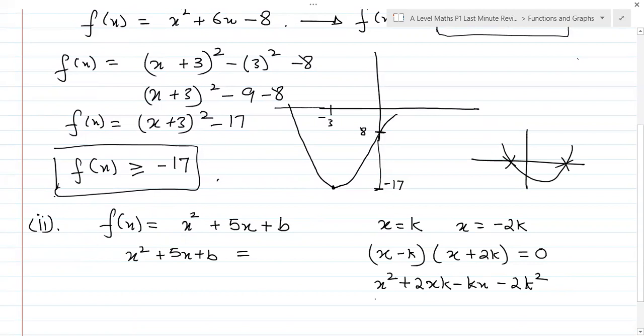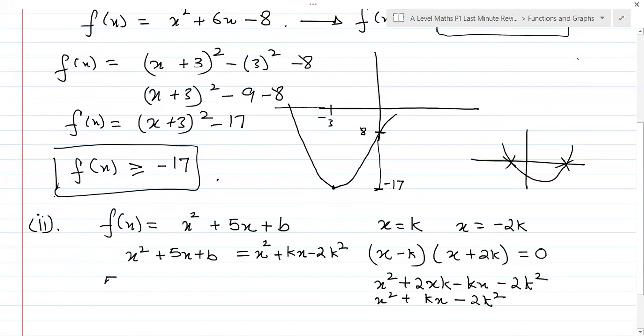And if we add them up, this is x squared plus 2xk minus kx, which just gives us kx, plus, this is minus 2k squared. So that is a quadratic equation that we're getting, and we already have this as x squared plus 5x plus b. So we are going to compare the coefficients of the two quadratic equations, because they are the same. They are equal.